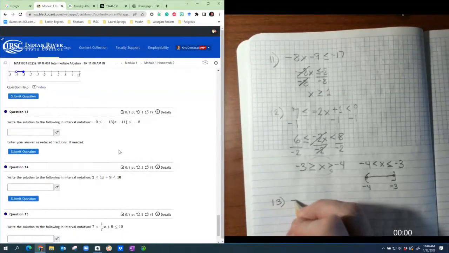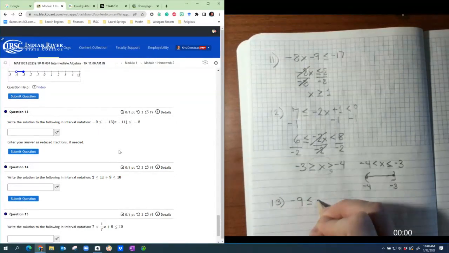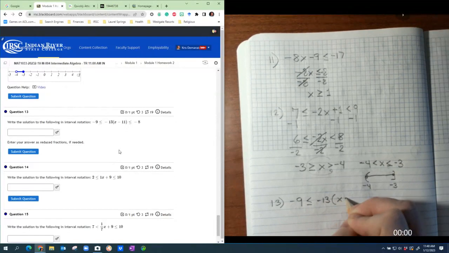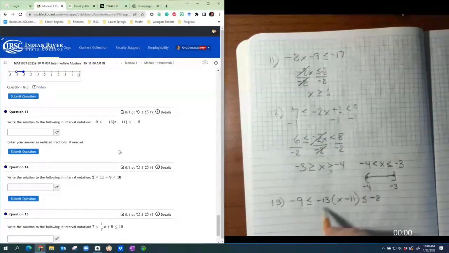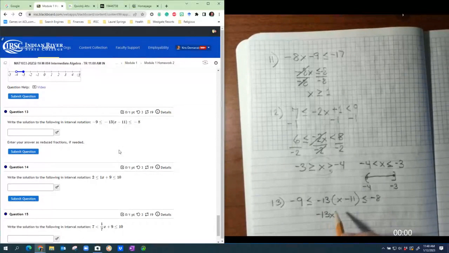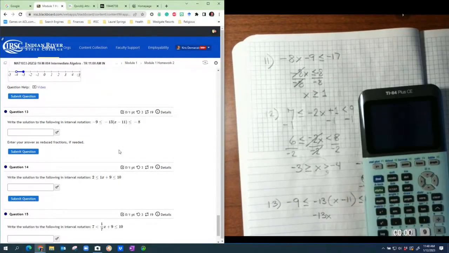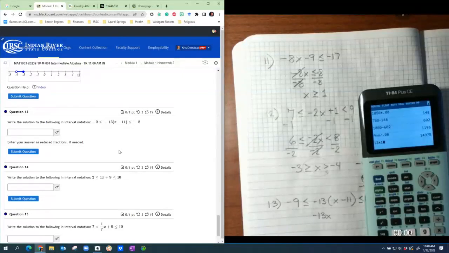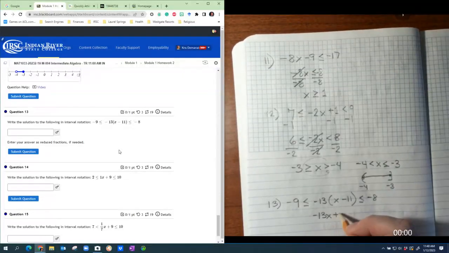All right, number 13. Now, when I have this one, I'm going to go ahead and do the distributive property. And then, of course, 143.